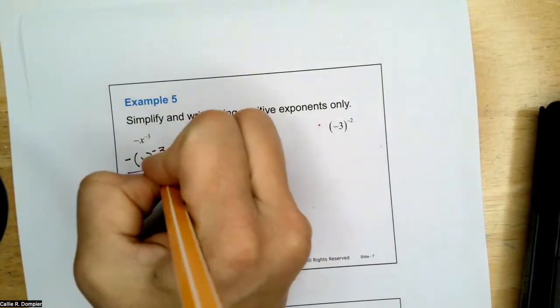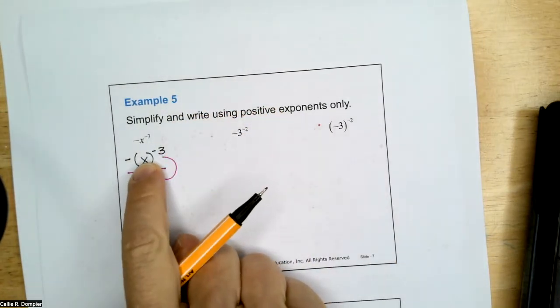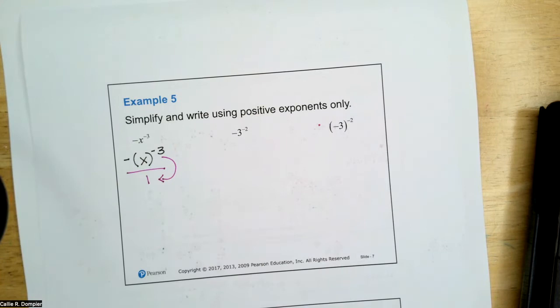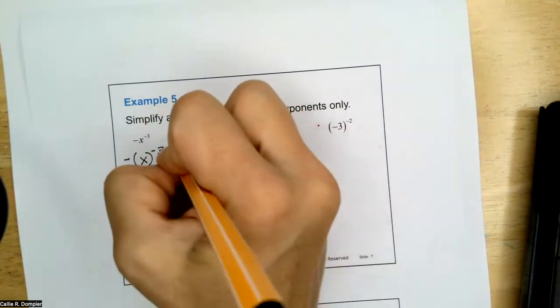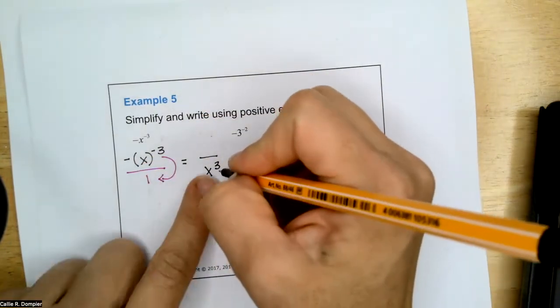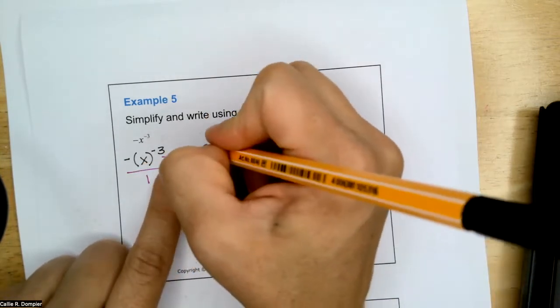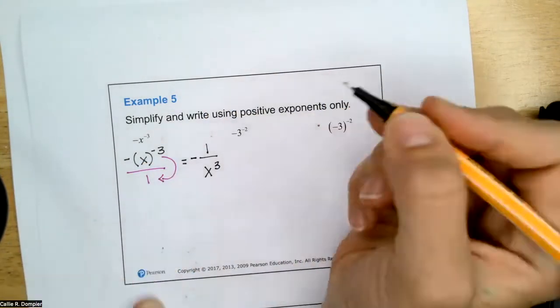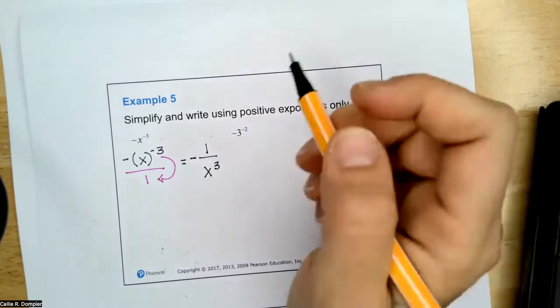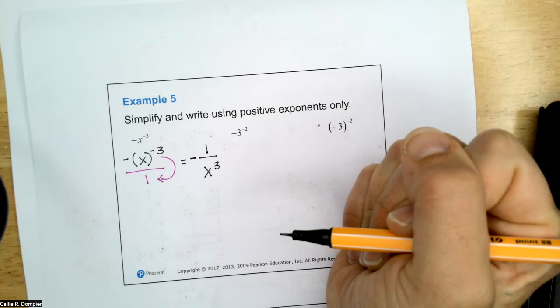That means I need to move my single base of x down here. So that becomes x to the 3rd down here, and I can leave a 1 up here. The whole thing is negative, or that 1's negative, either way. It's a -1 over x to the +3.